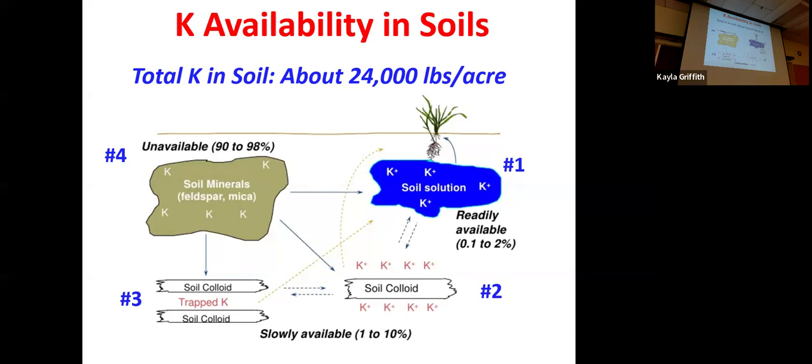So I'm going to move from the one at the top left down to the one on the right corner. The soil solution is where we can think about what the plants are accessing readily. This is the dissolved material that's moving around in between particles in the soil, the subsurface, and that's most available more or less to plants.